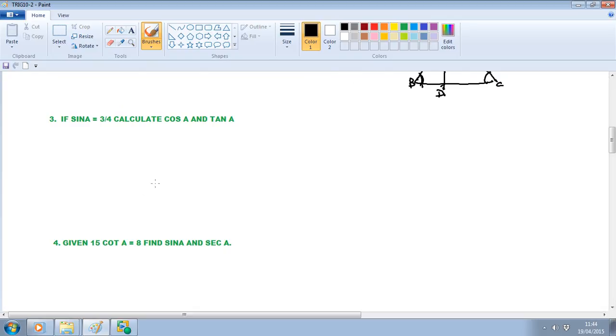Next problem. Sin A is equal to 3 by 4. Calculate cos A and tan A. So in every problem we'll just draw a triangle. Let us take this as A, and then this is C. Sin A is equal to 3 by 4. Sin A is opposite side.